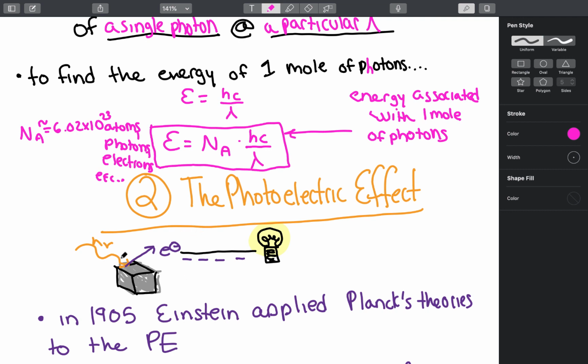So the photoelectric effect basically describes how light energy can energize an electron enough that it has enough energy to escape from the atom and go into the space around it.